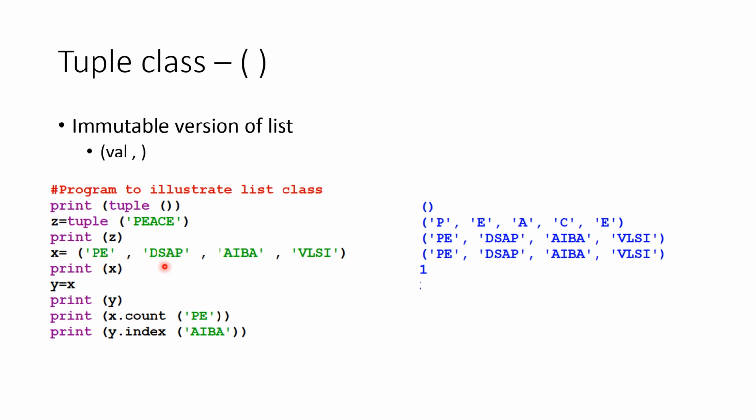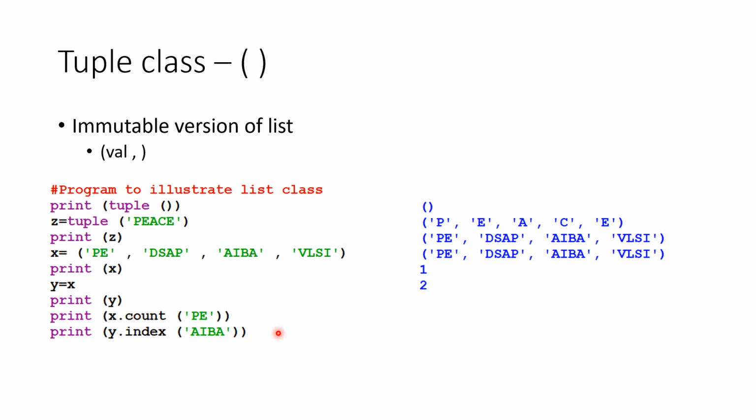Yes, in the tuple we have iba. So where is it actually? It is stored in the tuple, and that can be returned with the help of the index method. So pe will have index 0, dsap will have index 1, iba will have index 2, and vlsi will have index 3. So iba is the one that we are looking for. So it's going to return the value 2, that is index value 2.